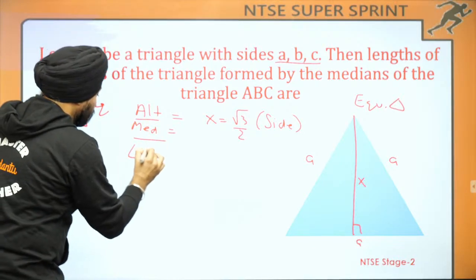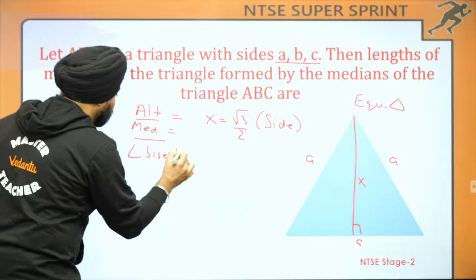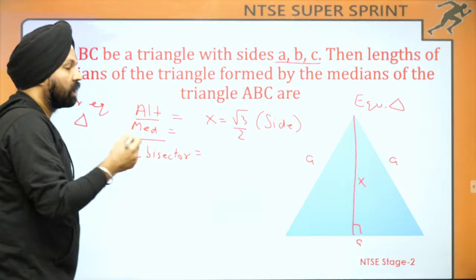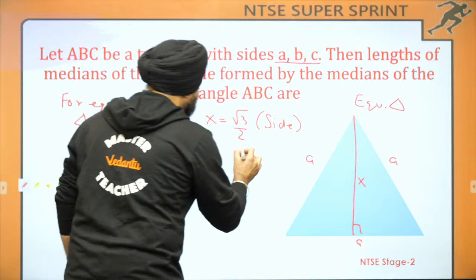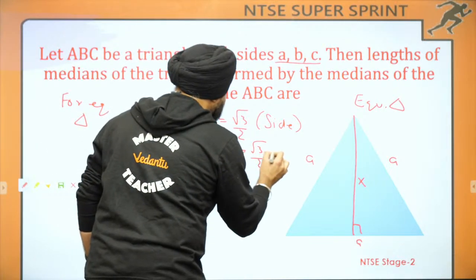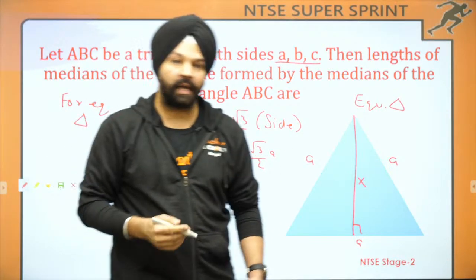Altitude, median, angle bisector are all of equal length, and the formula is root 3 by 2 into side. So the median has a length of root 3 by 2 a.